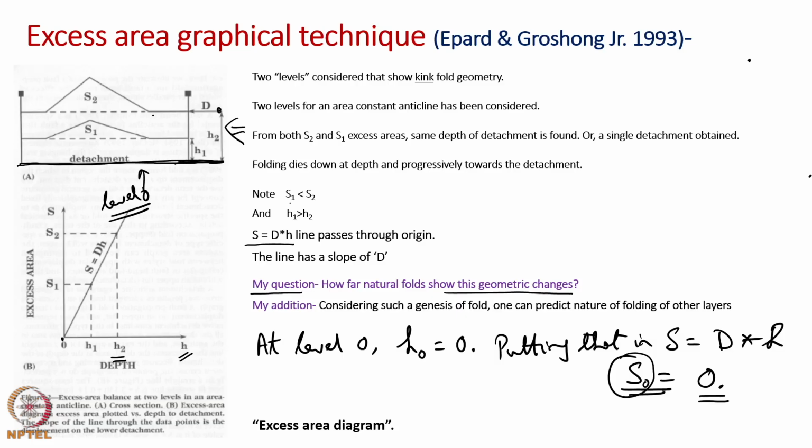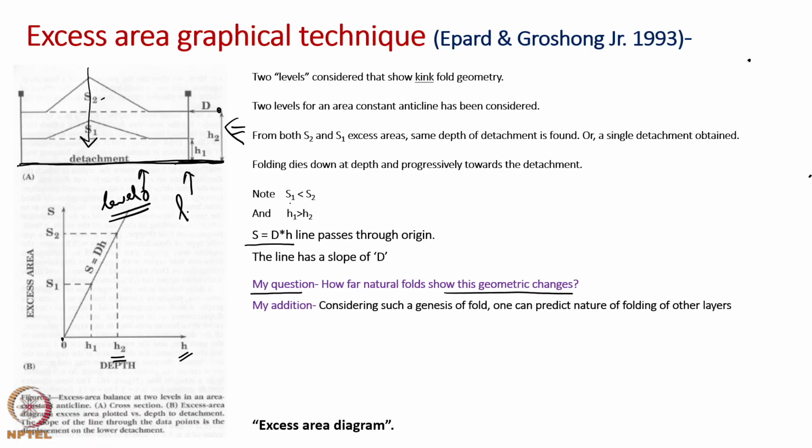This now clearly means that as you go in this direction inside the fold, the S area keeps decreasing. S2 is maximum and then it decreases to 0 when we reach level 0, which is the lower detachment, or simply the detachment in this diagram. So, H0 plots here at the origin.